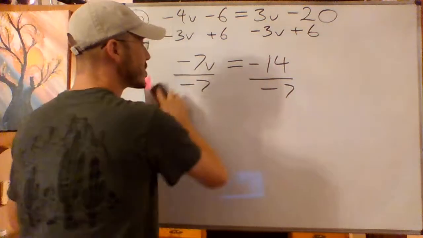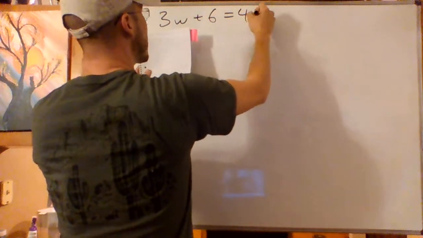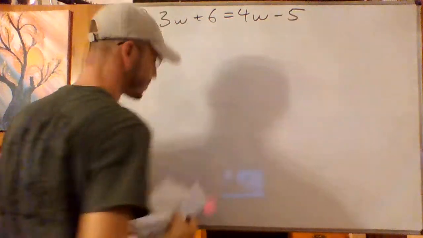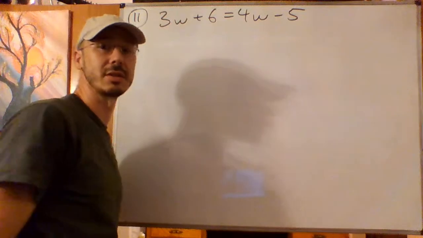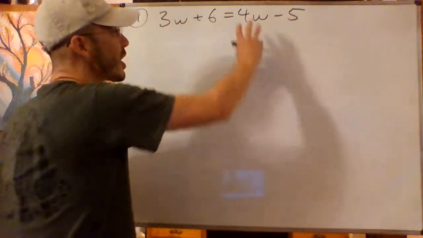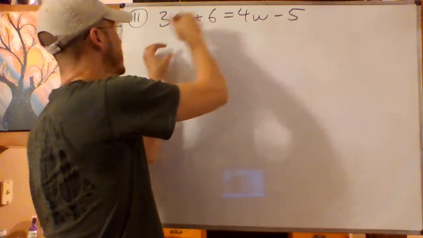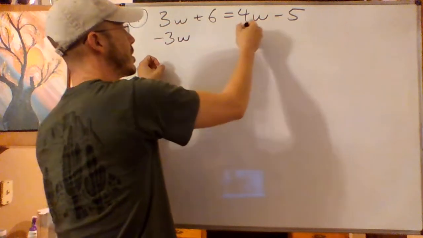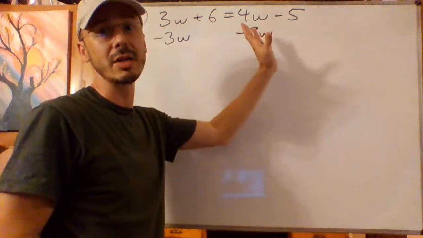Number 11 is also pretty quick. 3w plus 6 equals 4w minus 5. And I saw an opportunity here to save a step. Because we've got 4 here and 3 here, if I just subtract 3w, I'll end up with my variable on the right.